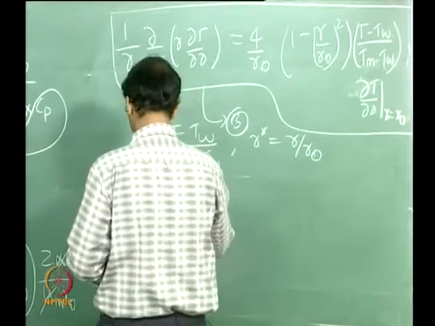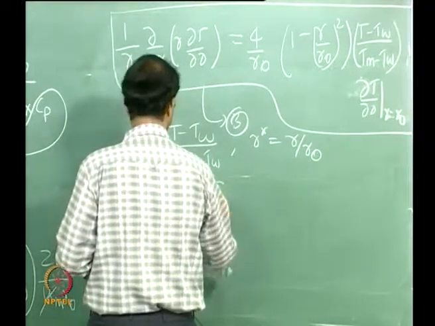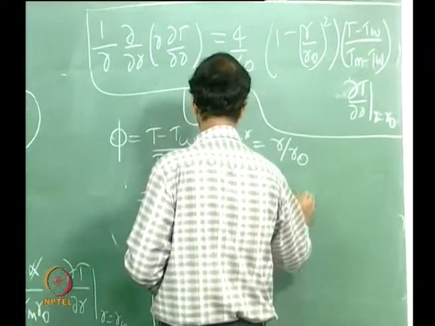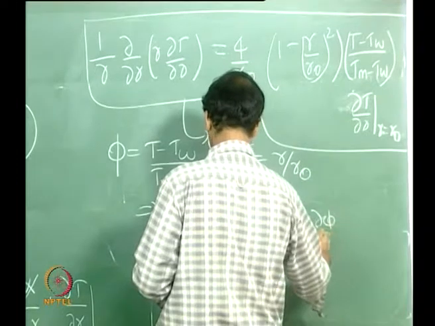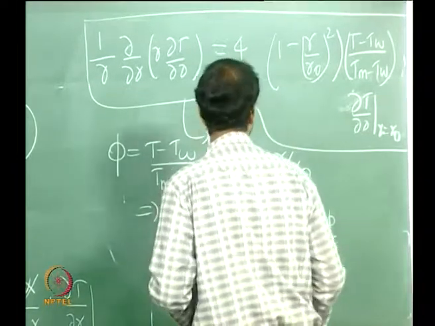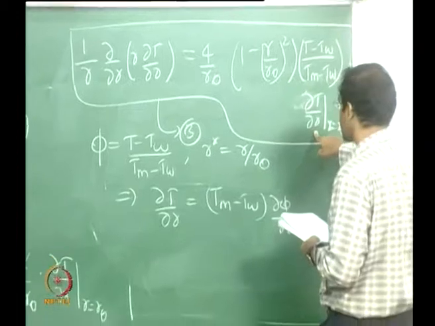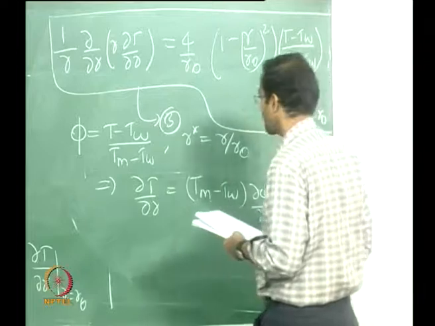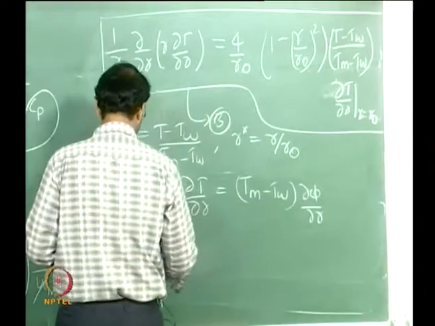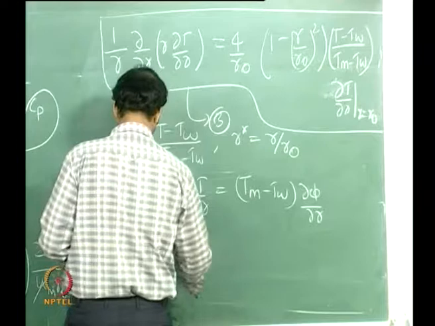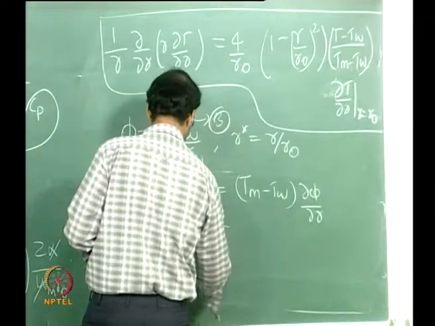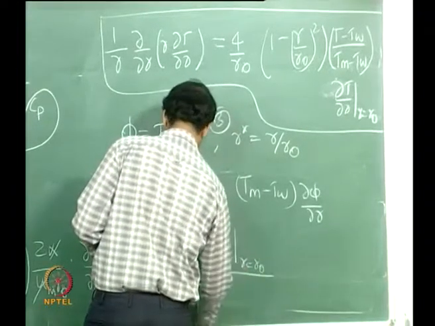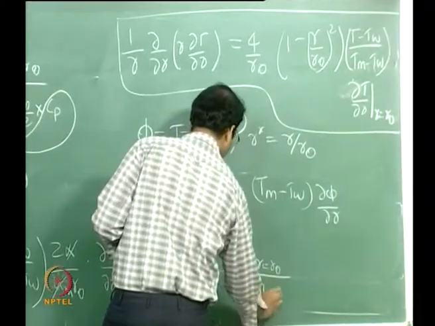from this expression I get that my dT by dr is equal to Tm minus T wall into d phi by dr. So I can substitute for dT by dr as Tm minus Twall into d phi by dr. Tm minus Twall cancels here, and I can also define my Nusselt number as dT by dr at r equal to r naught divided by Twall minus Tm into diameter.